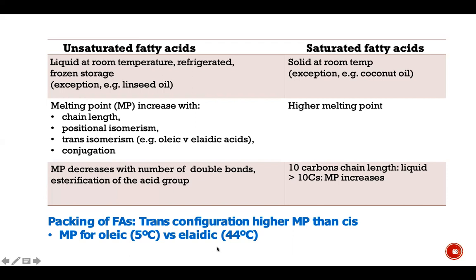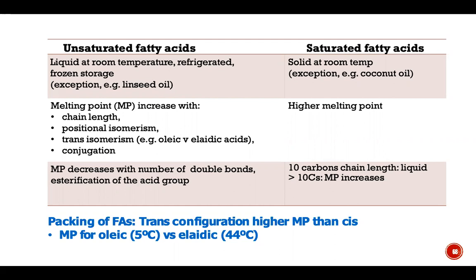What I mean is, with the cis configuration, both the H groups are located at the same side, either upper or lower of the double bond.